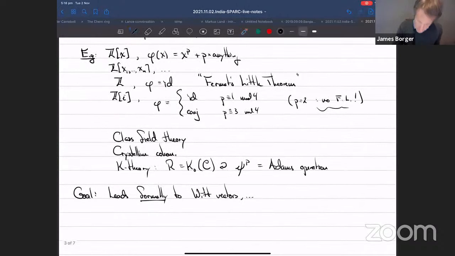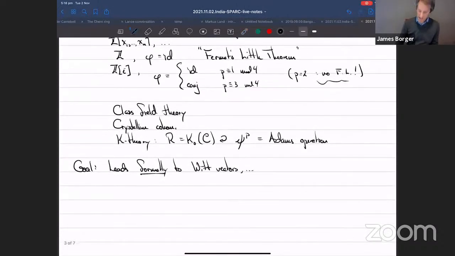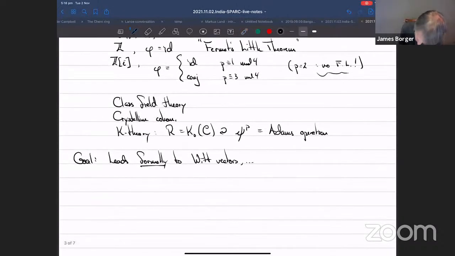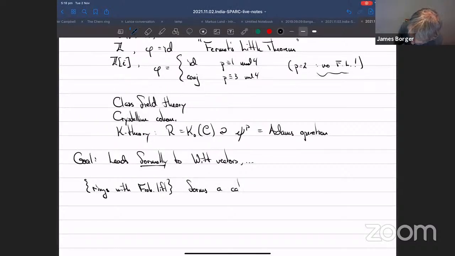Okay, so now here's the second point. If you look at the set of rings equipped with a Frobenius lift, this forms a category in a natural way.